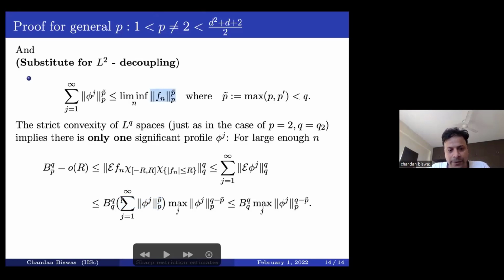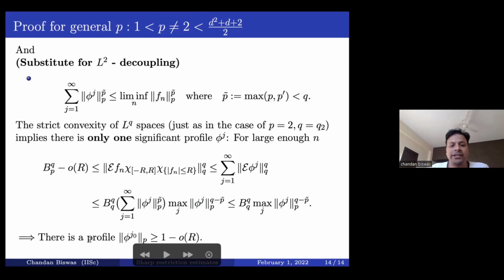So this is at most 1, and we know that each phi_j is a weak limit of Fn. Therefore, each of these is at most 1. So this is less than or equal to B_p to the power q times the maximum of j, I should say supremum, over j of the LP norm of phi_j to the power q minus p tilde.